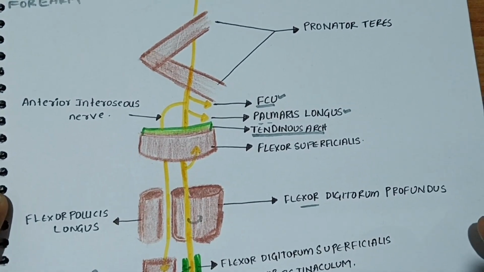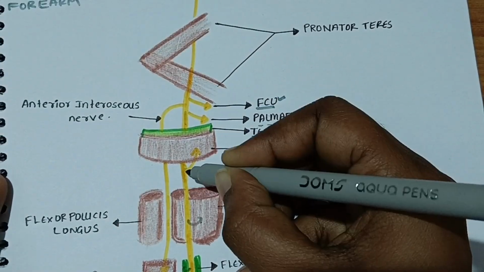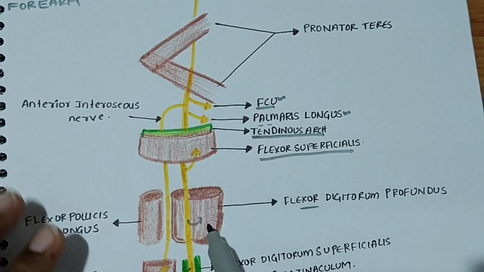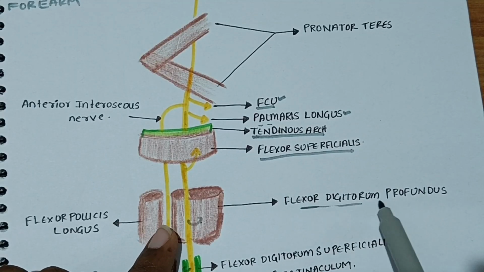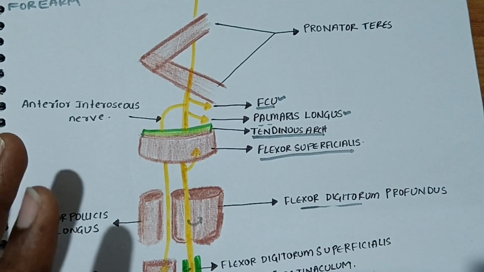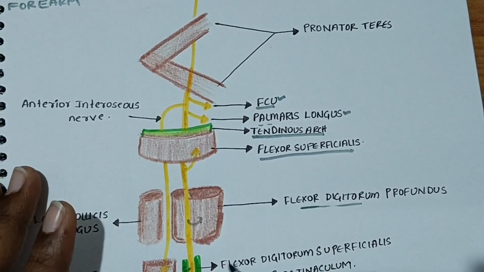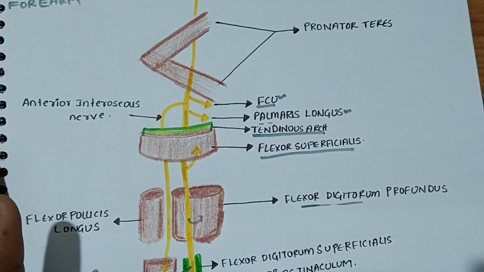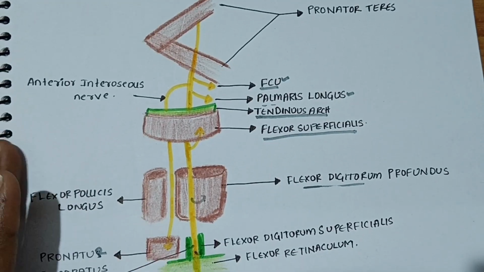Now the main branch continues, supplies the flexor superficialis and continues through flexor digitorum profundus, entering at the flexor retinaculum, crossing the flexor retinaculum.